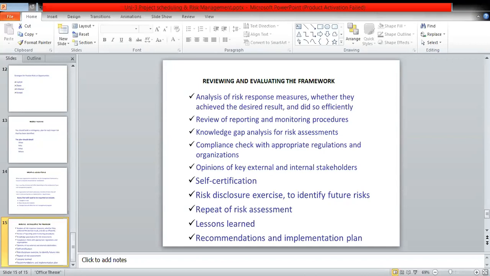So repeat of risk assessment. Sometimes you should decide that the repeat mistake, repeat error does not happen. But sometimes it happens, so you should know how to handle it, how to manage it, and solve the problem. So lessons learned.